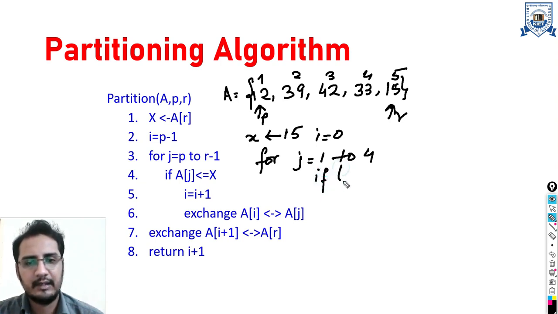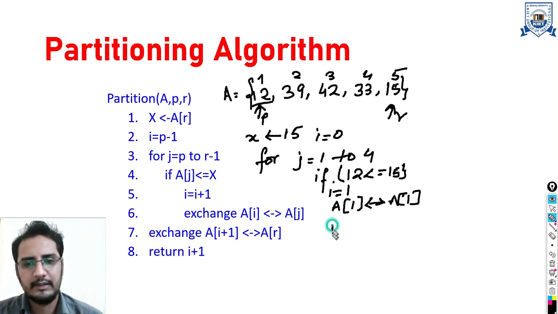If A of 1, that is if 12 is less than or equal to 15, that is correct. So we'll increment the value of I. I now becomes 1, and you will exchange A of 1 with A of J, that is with A of 1 only. So 12 remains at its position.